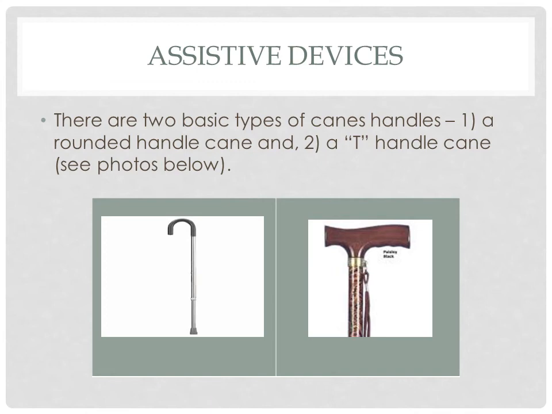Therefore, they're the most common that you'll find. And the second type of cane handle is called a T-handle cane. And you'll see these out in the general public as well. And they come with various different configurations and customizations. And there's many different styles of the T-handle cane.